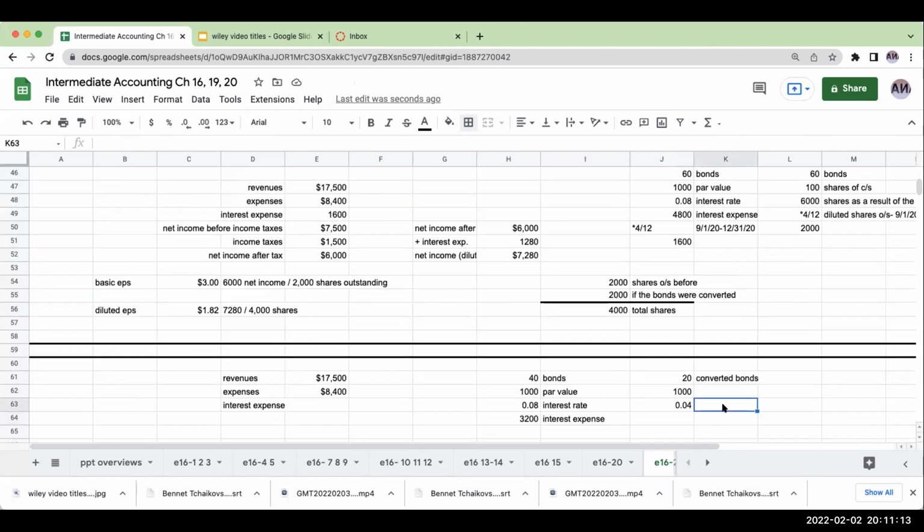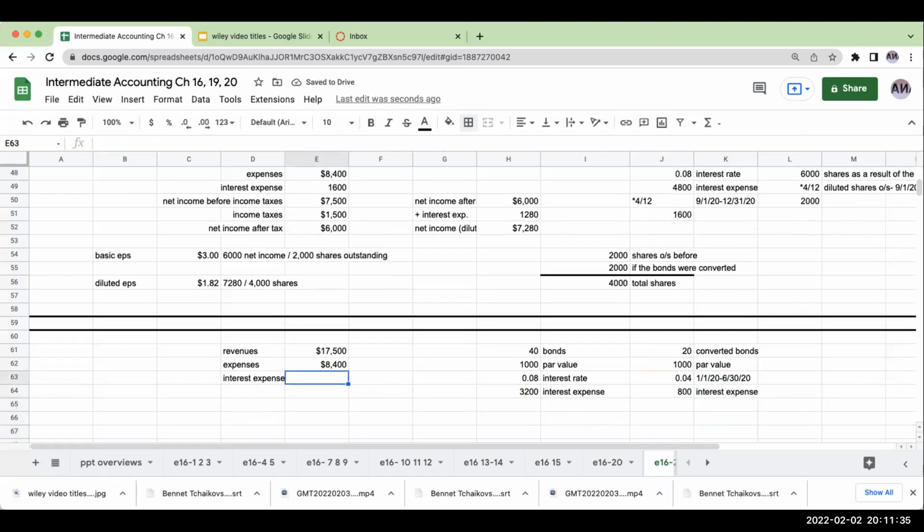So this is 1/1/20 to 6/30/20, so I'm using half a year of interest. When I multiply this through, I get 800 of interest expense on these 20 converted bonds.